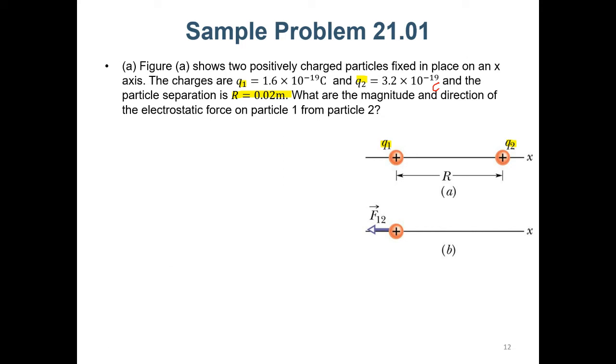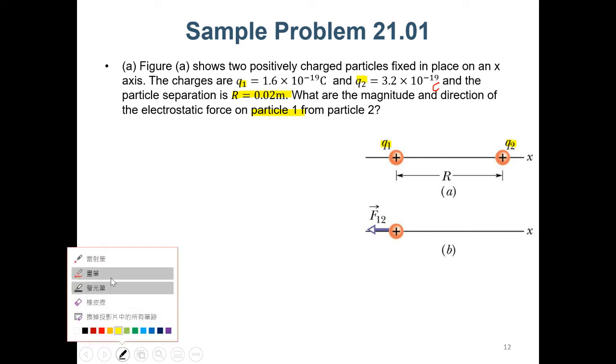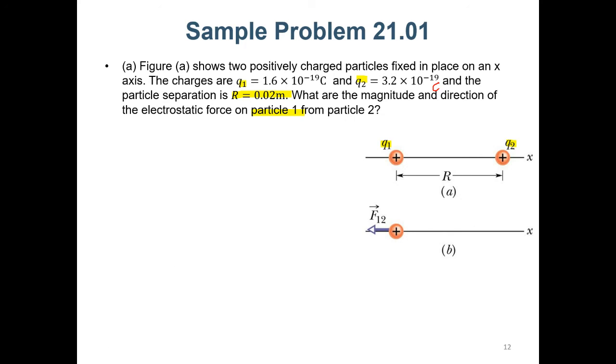So what is the magnitude and direction of the electrostatic force on particle 1 from particle 2? So it is very easy. Just substitute all the numbers into Coulomb's law.